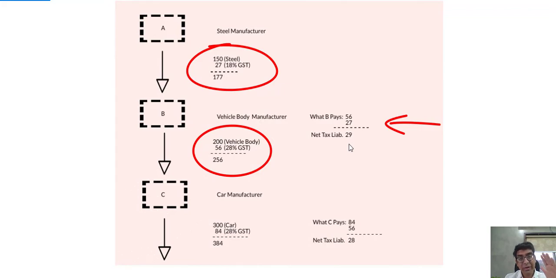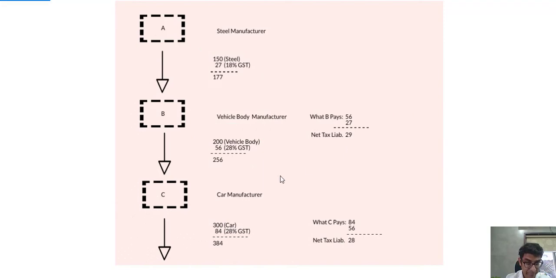Therefore, since B has 27 points in his account, he is liable to pay only 29 rupees. These points are also called the input tax credit, which basically means that he will be given a credit of 27 rupees, or allowed to set off 27 rupees to arrive at his liability.